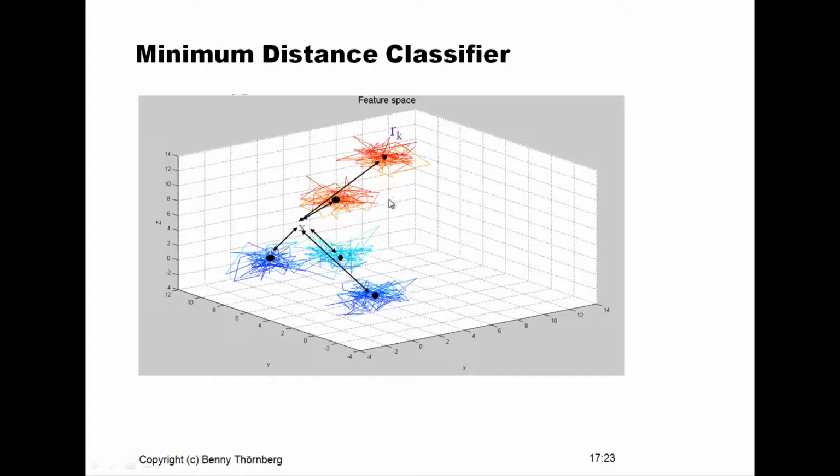And when a feature vector x comes into the classifier, we compute the shortest distance to each one of these centroids and select the one that is closest.